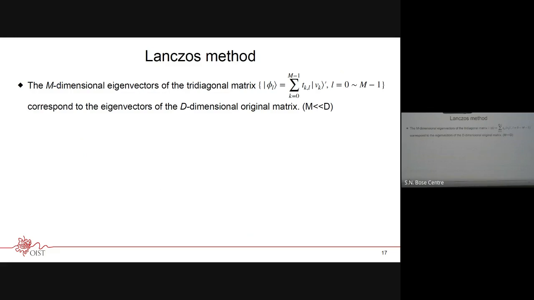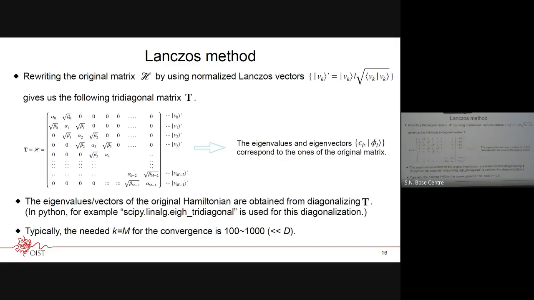But we should be careful about the eigenvectors we get from this diagonal matrix, because this phi L is now written by these Lanczos vectors.